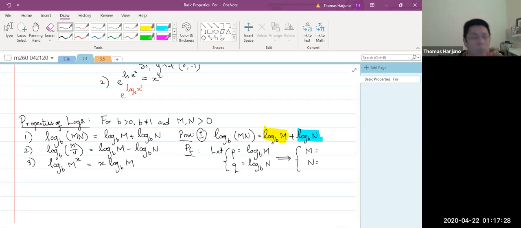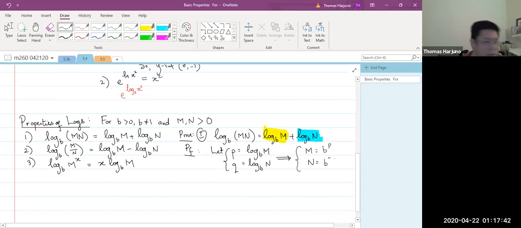The m will be b to the P, and the n will be b to the Q. That's just the consequence of the exponential form from that log form.